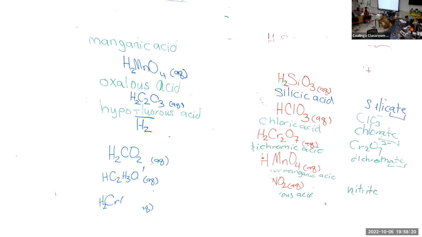It's a team effort here. Is it O3? Okay, let's look at this. It's OUS. It's hypo. So this is fluorine, right? Do we have anything on our polyatomic ion table that belongs to that same group?